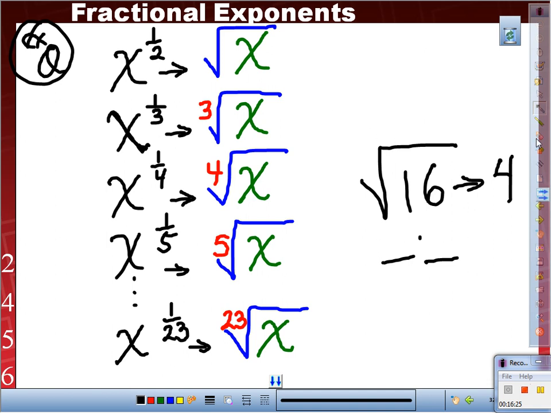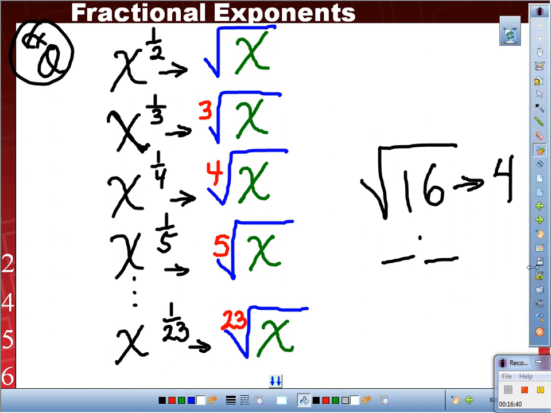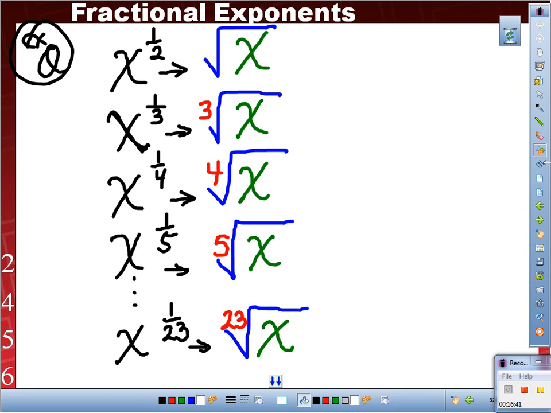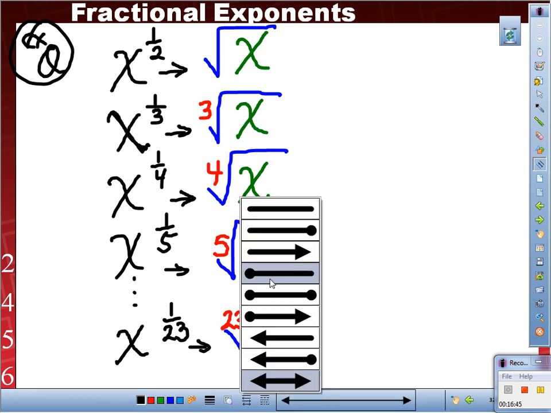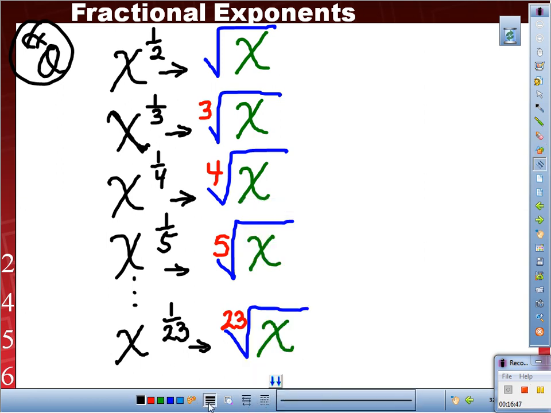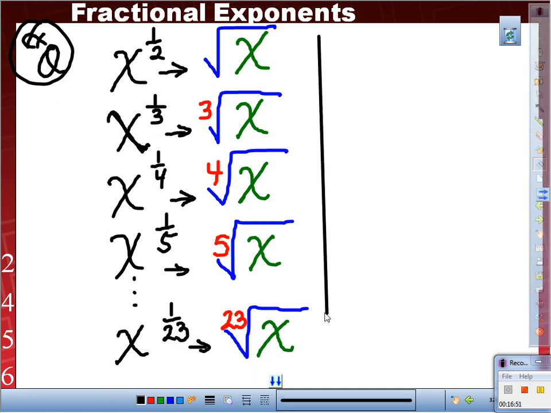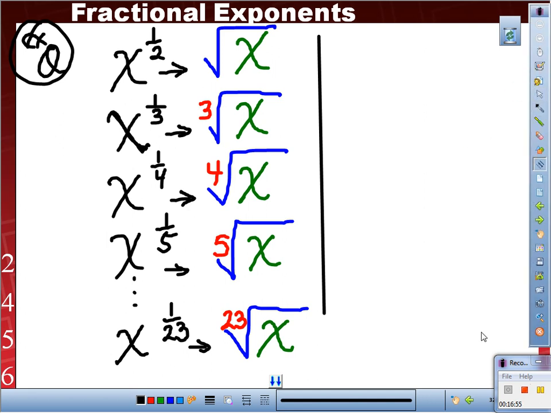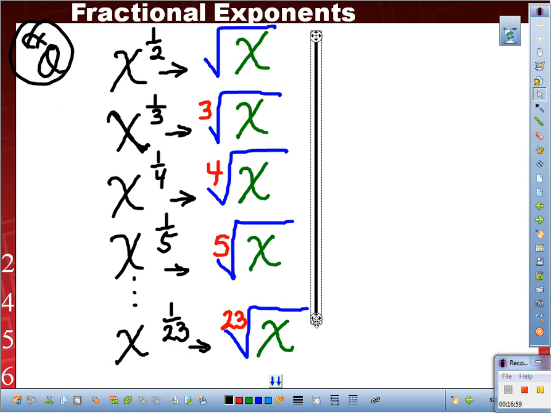Copy that, please. Copy it in the back. Copy that. And then we'll do some practice ones with numbers so you guys can get a hang of this.